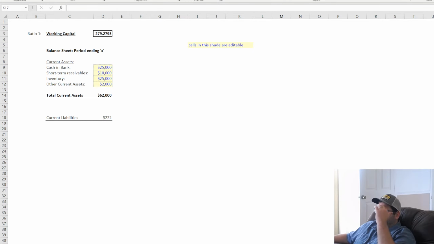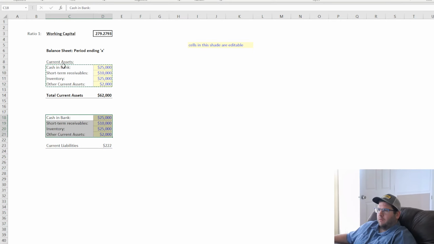We're going to look at some reasons why the internet says it's important, and I'll see if I agree. We did 4 there, we'll do 4 here. Remember, this is not the full balance sheet. We're just putting in the items related to the working capital ratio up top here.